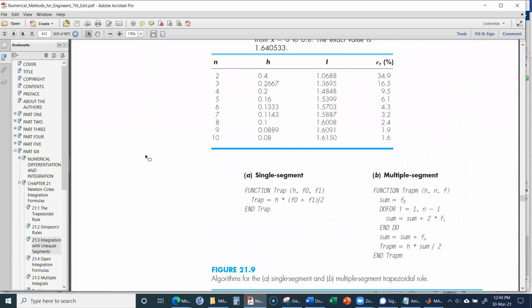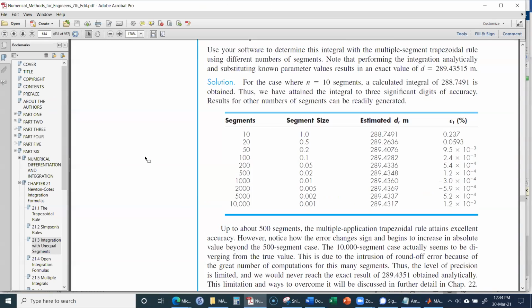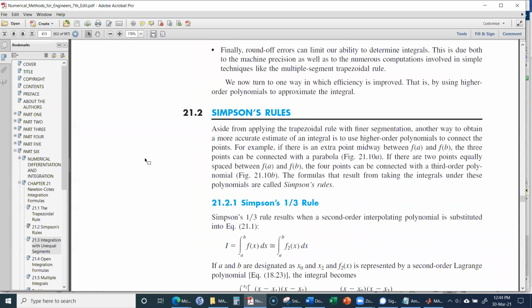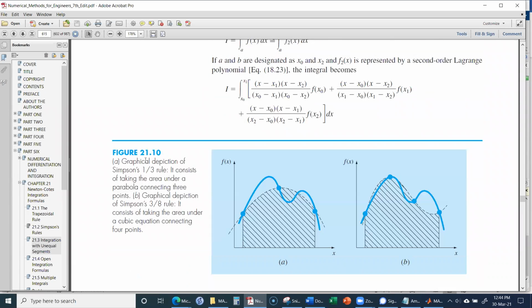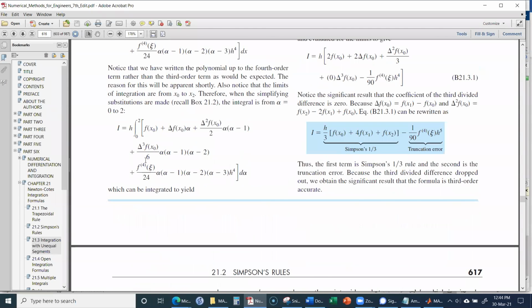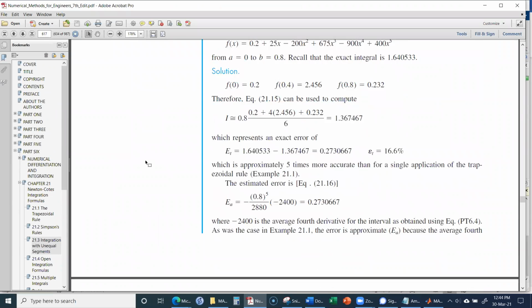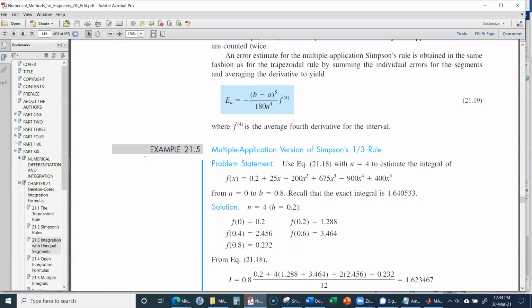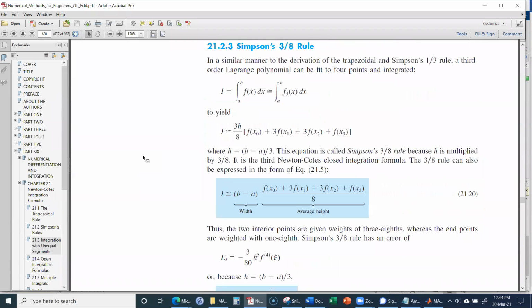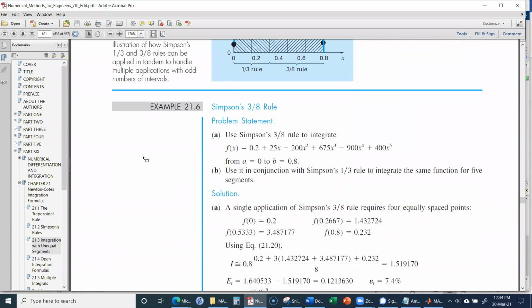After the application of the Simpson's 3/8 rule, which I am not covering in this lab today, maybe I can give it to you as an assignment. This was Simpson's 1/3 rule.